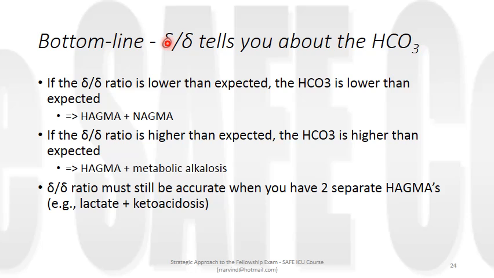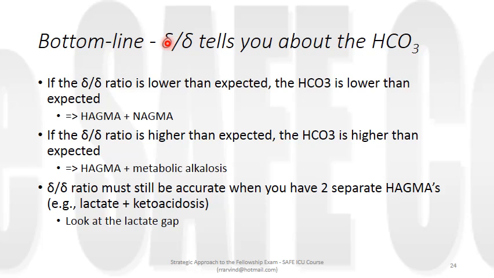Now, only in the case of lactic acidosis, not in any other case, if you want to diagnose an additional high anion gap metabolic acidosis, you can look at what is called the lactate gap.